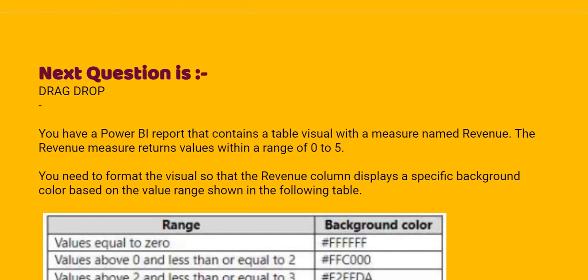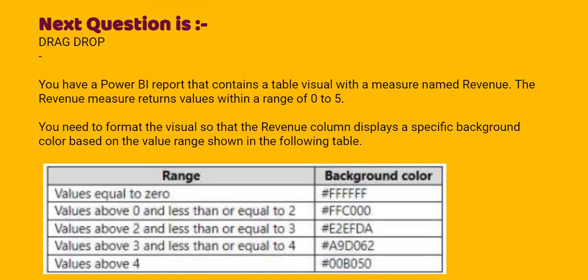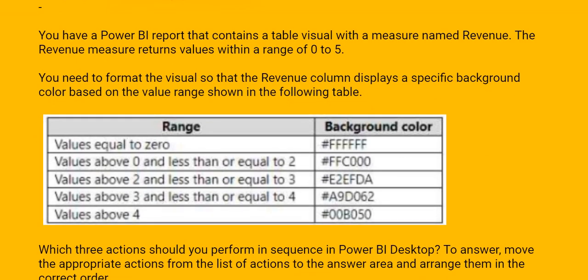Next. You have a Power BI report that contains a table visual with the measure named revenue. The revenue measure returns values with range 0 to 5. You need to format the visual so that the revenue column displays a specific background color based on the value range shown in the table. Read the table.